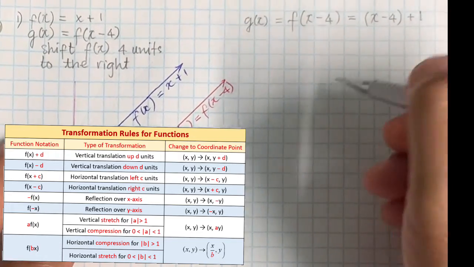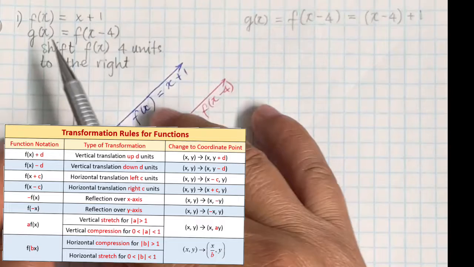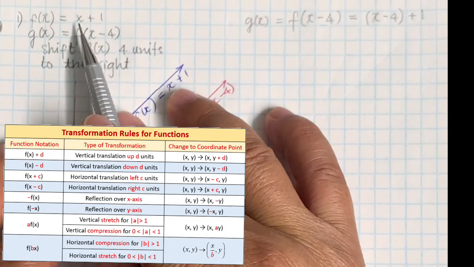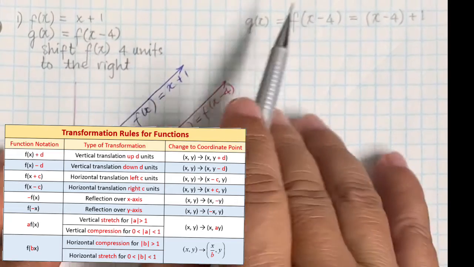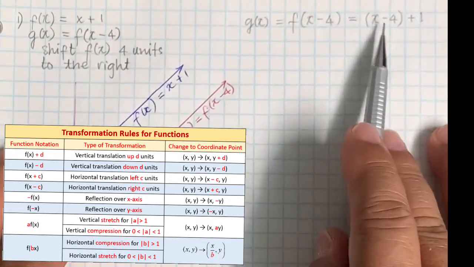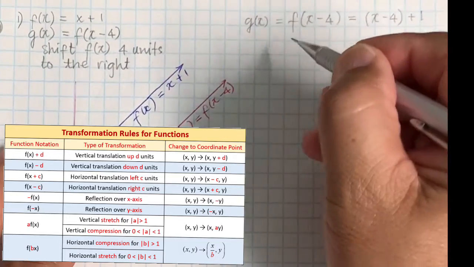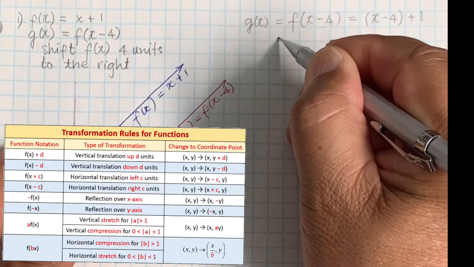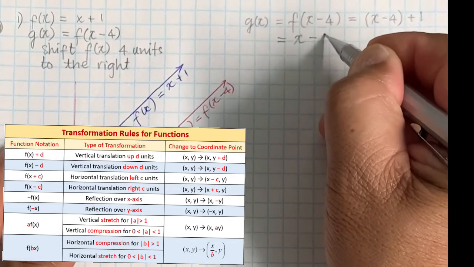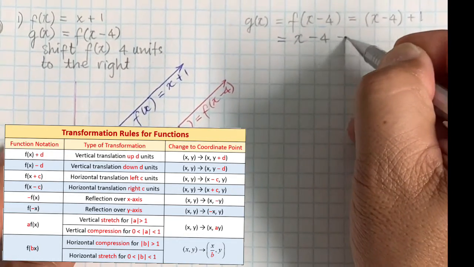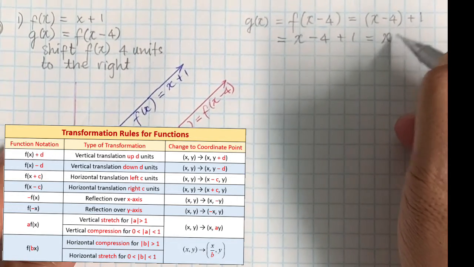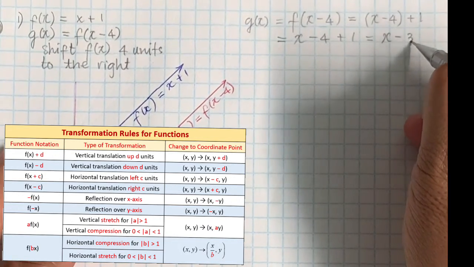Because f of x equals x plus 1, so if you replace that x by x minus 4, you need to replace that x by x minus 4 as well. If you simplify this, it's going to be x minus 4 plus 1, which equals x minus 3.